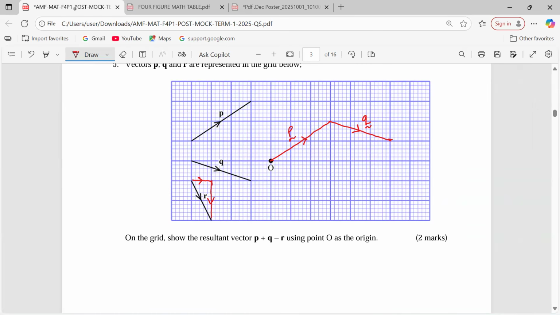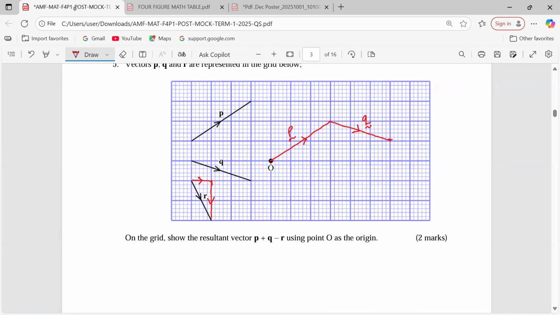So to subtract means 1 unit to the left and 2 upwards.